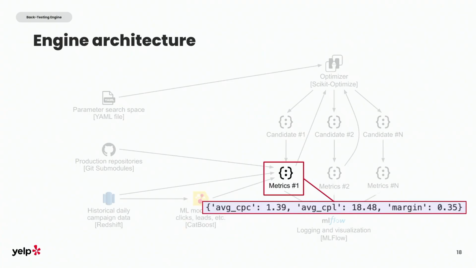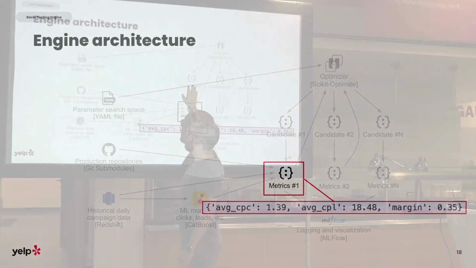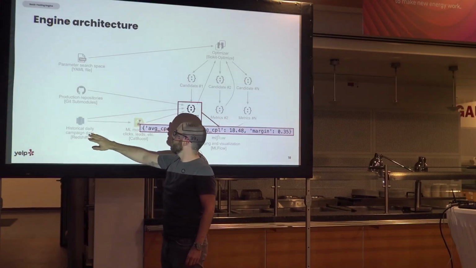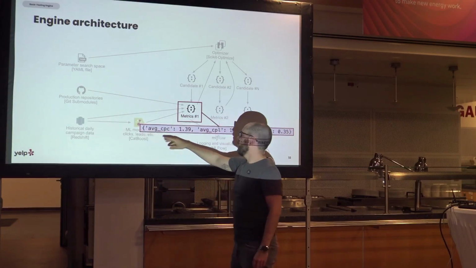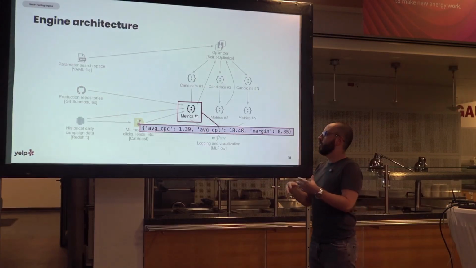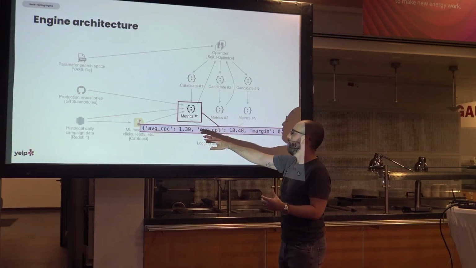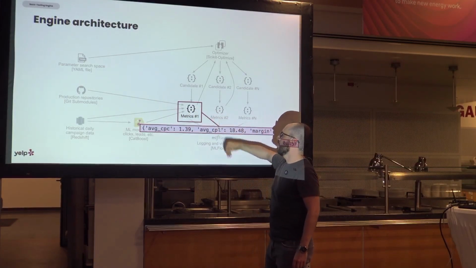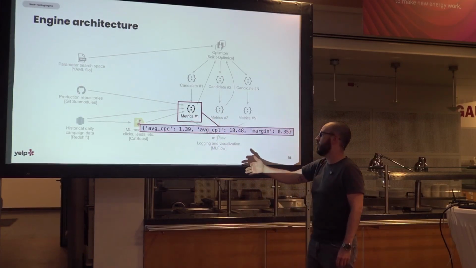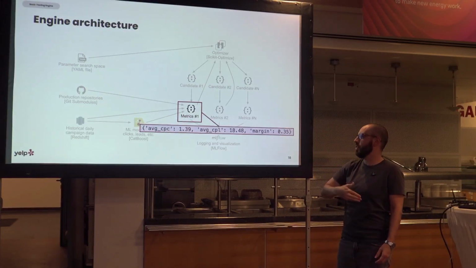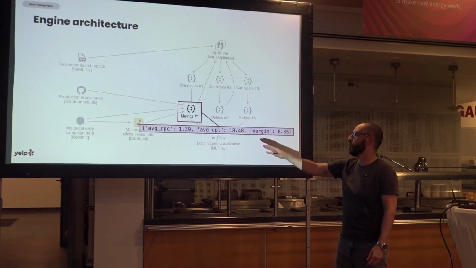Okay, so now that you have all these inputs, the candidate parameters, the production repository, the data, and the models to predict what if, you throw everything to your production repo, and you get the result of the simulation, which is what would have happened last month if we had used this new algorithm.